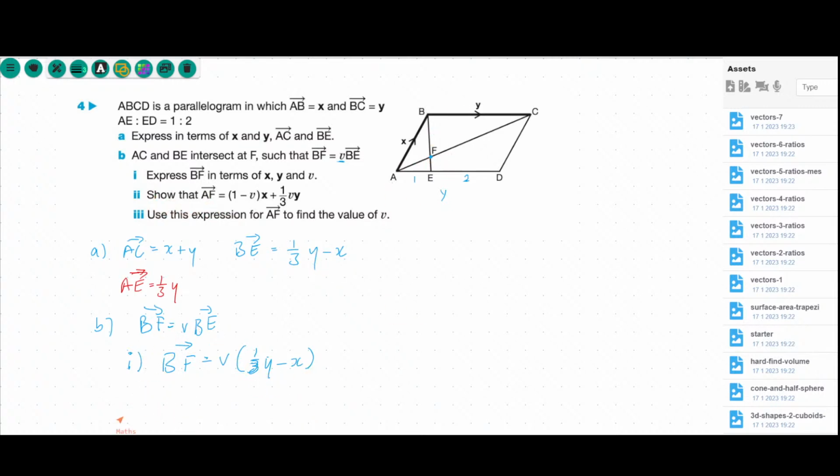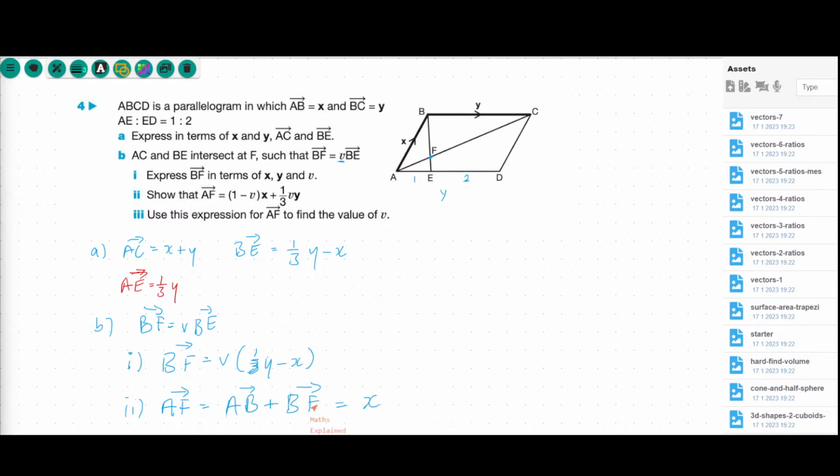Part ii says show that AF equals 1 take v x plus a third v y. Okay, so from A to F, we're going to go from A to B, then B to F. Well, now we have BF. We know AB is x, so we can say AF is going to be AB plus BF.